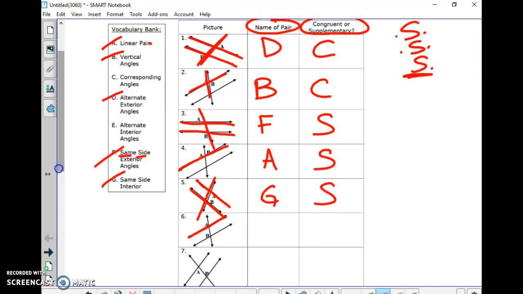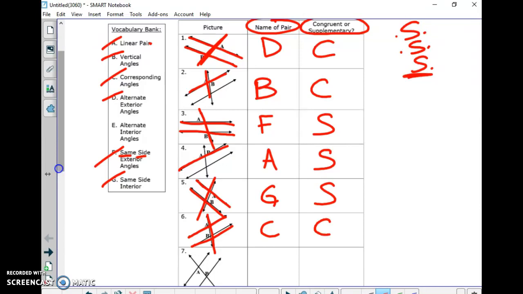A is outside the parallel, B is inside the parallel. They are on the same side of the transversal, but one's in and one's out. So since they're in the same position, just shifted down, we call that corresponding angles, when one's in and one's out. And corresponding is not supplementary because it's not same side in the name. Okay, I know the name itself does not say the word same side.